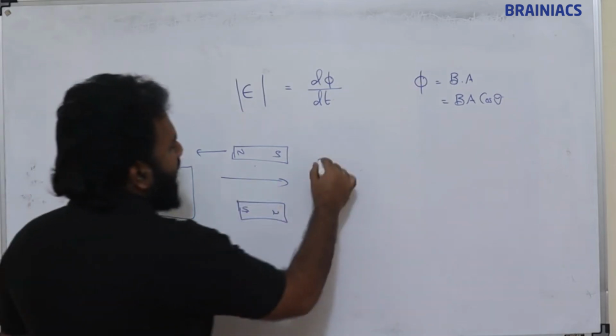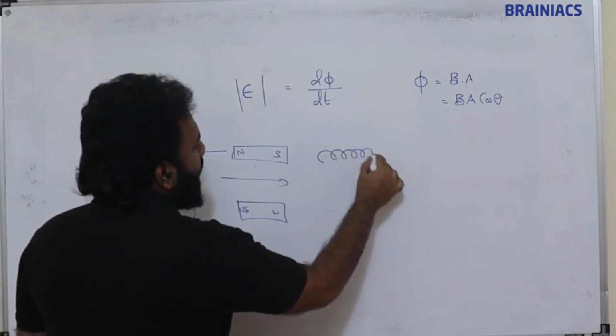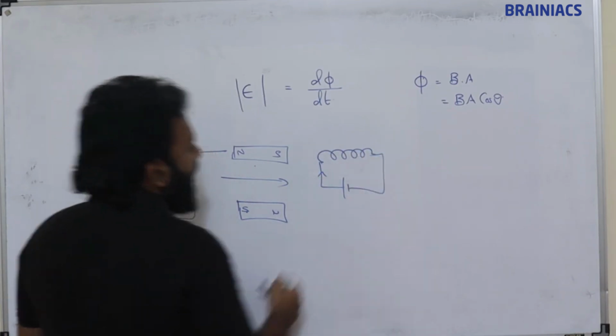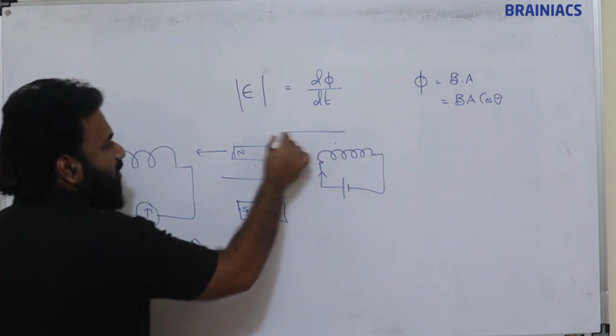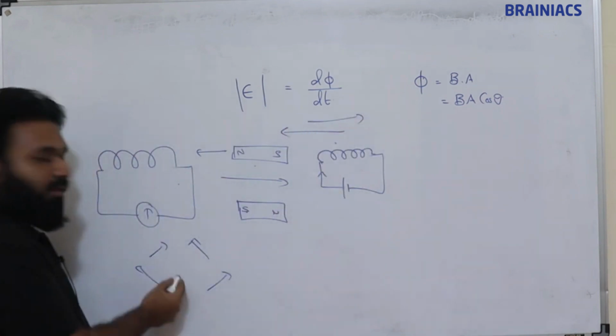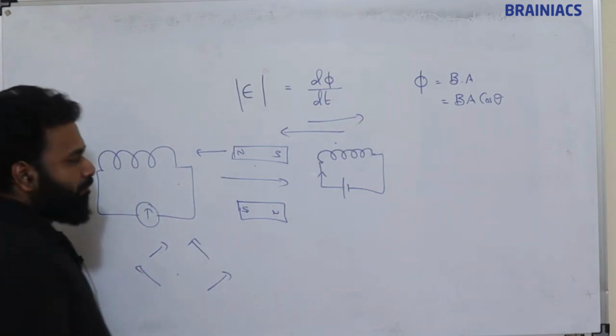Now instead of a bar magnet, if we keep a current carrying coil and bring it towards or away from this coil, we observe the same phenomenon.